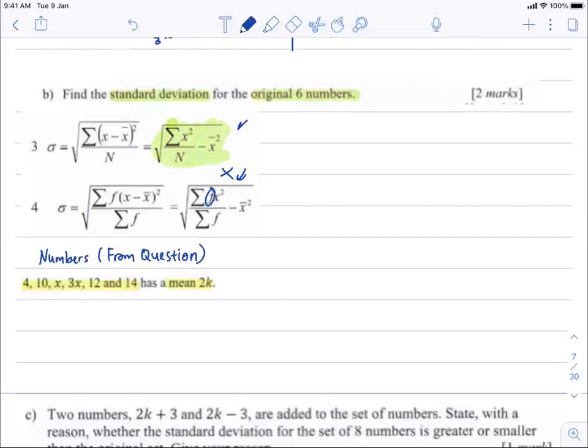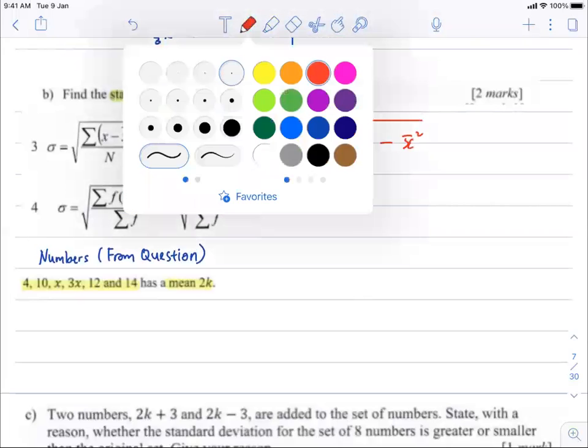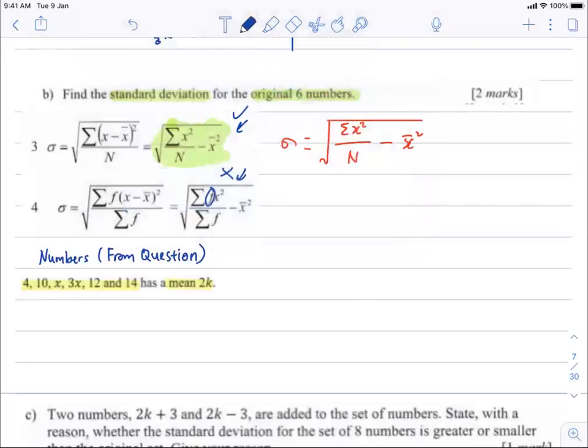So we use this formula. The standard deviation equal to the square root of summation x squared divided by n minus x bar squared. Then substitute in all the numbers.